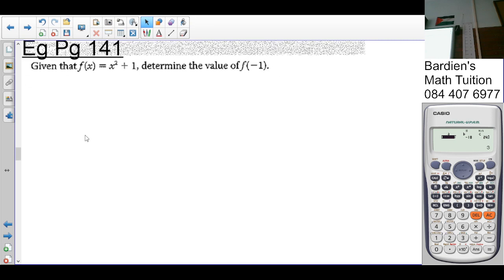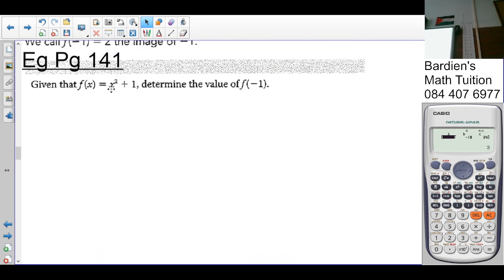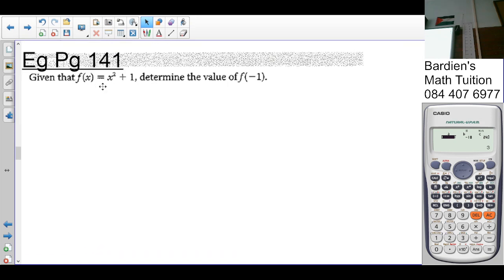Now we're looking at the example on page 141. We are given that f of x is equal to x squared plus 1. Determine the value of f of minus 1. That's the one we just did, not so? Isn't it? Why did I ask you to do it again? Okay. Let's look at the next one.